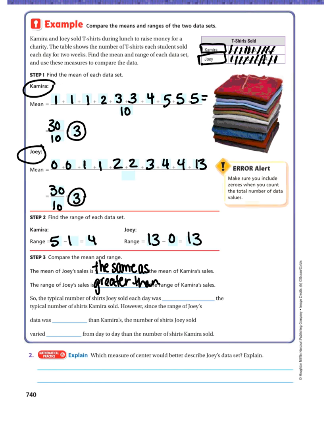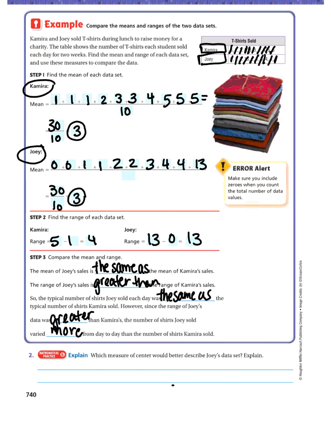So the typical number of shirts Joey sold each day was the same as the typical number of shirts Chimera sold. However, since the range of Joey's data was greater than Chimera's, the number of shirts Joey sold varied more. So that means the difference was more from day to day than the number of shirts Chimera sold.